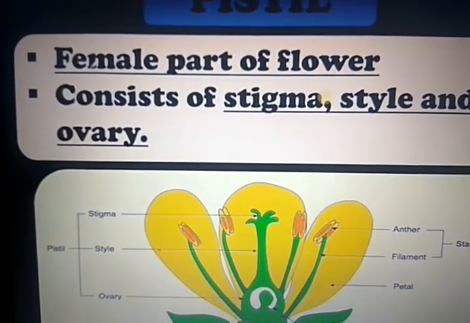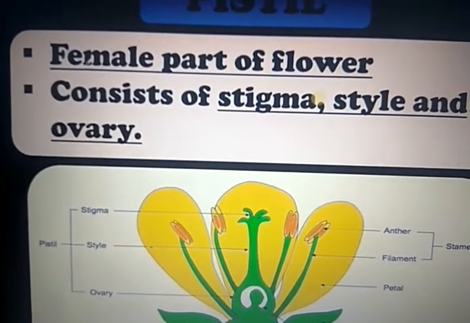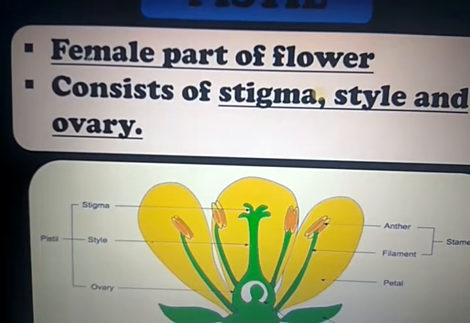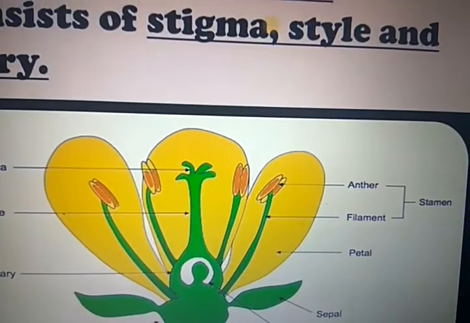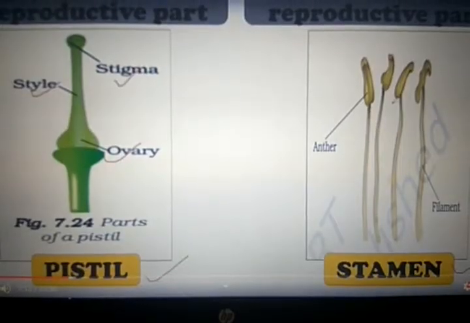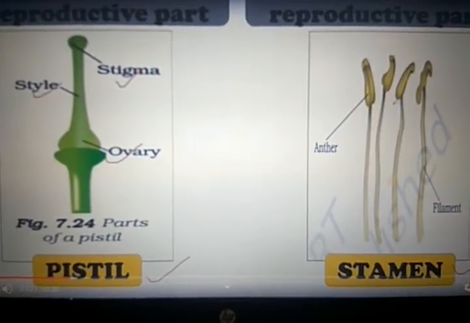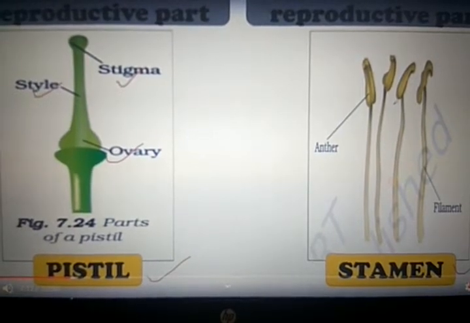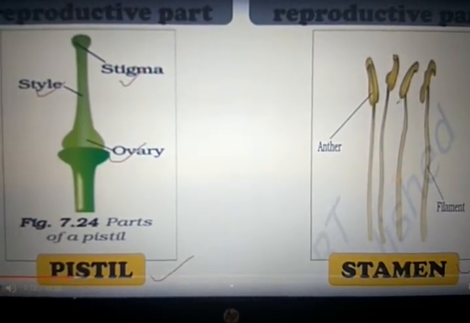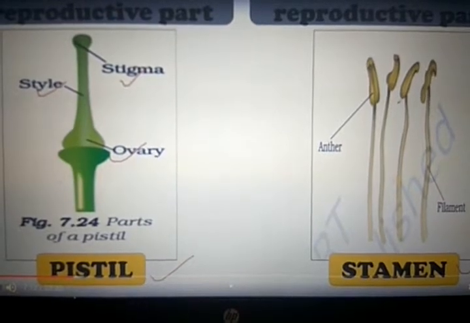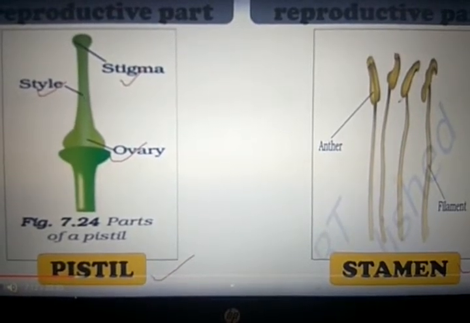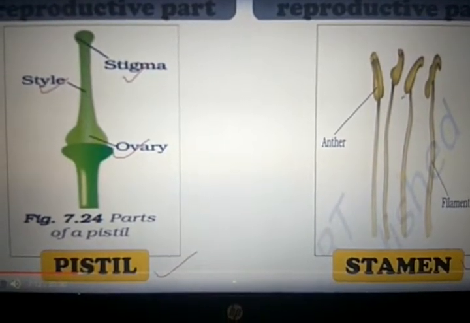Stamen is the male part of the flower, which consists of anther and filaments. Remember please, stamen is the male part of the flower which consists of anther and filament. Pistil is the female part of the flower which consists of stigma, style and ovary.